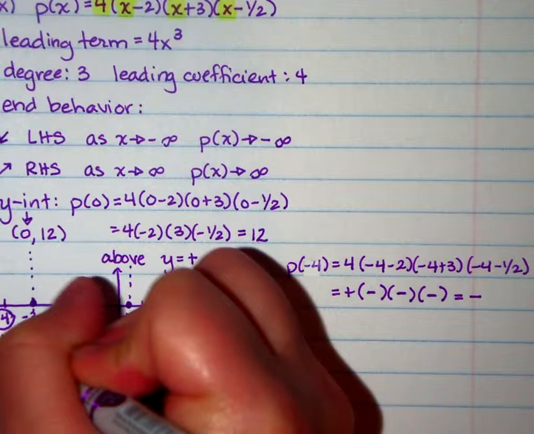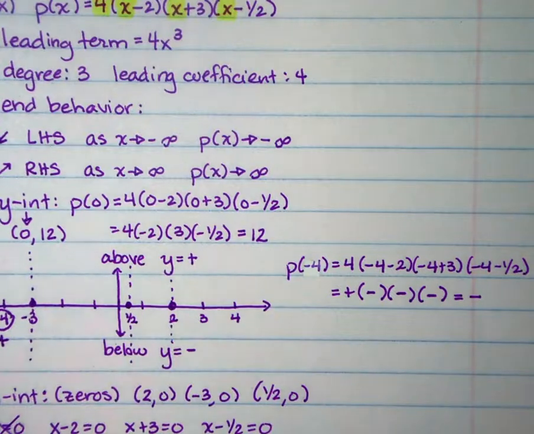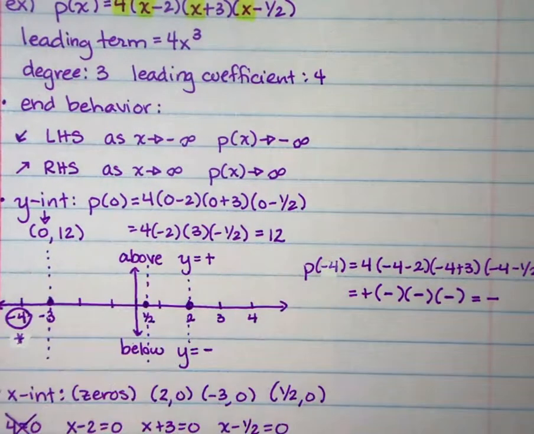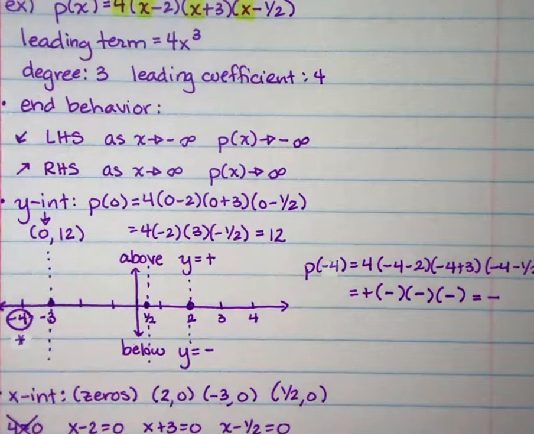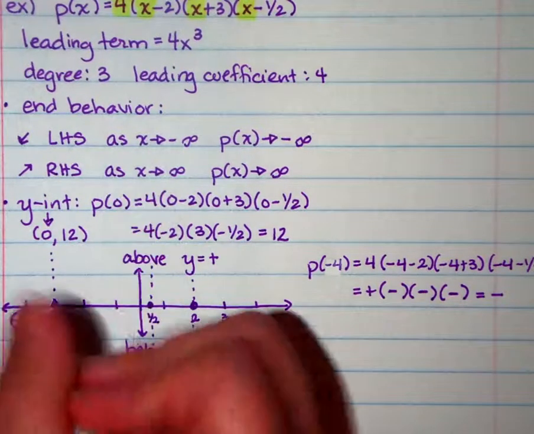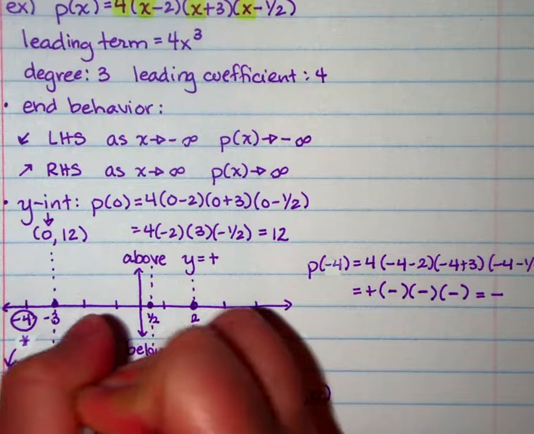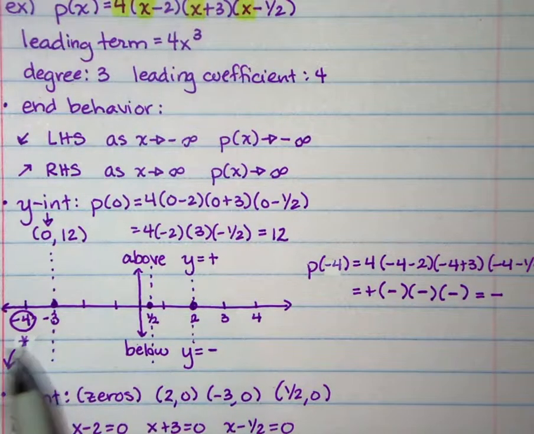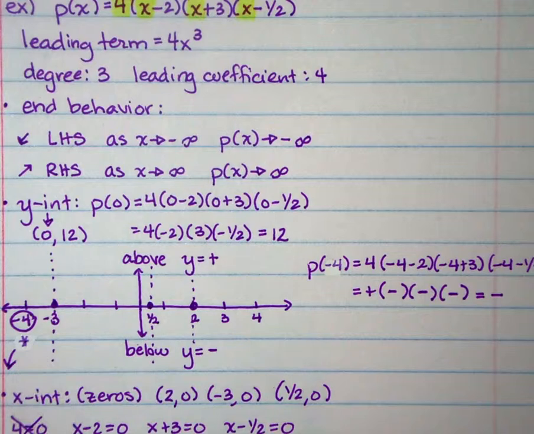And if it's negative, that means that I'm below the x-axis. So that means that I'm down here in this zone. And if I think about what's happening with my end behavior, on the left-hand side of the graph my arrows are going downward, which is another way for me to check that, yes, I am in the right zone.